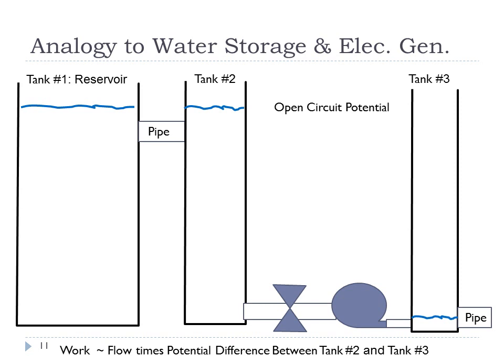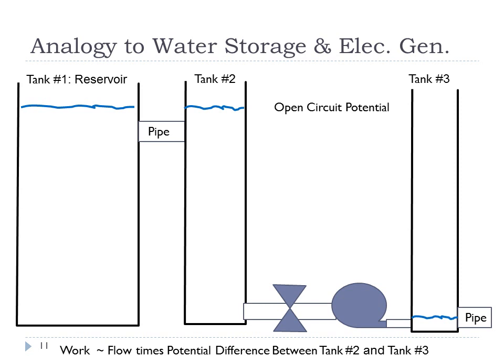This analogy isn't just for water. I sometimes use it when I teach in the fuel cell class. We can think of tank 1 as a reservoir of hydrogen, and tank 2 as the anode of the fuel cell, where there's hydrogen right at the catalyst, where the actual electrode is.